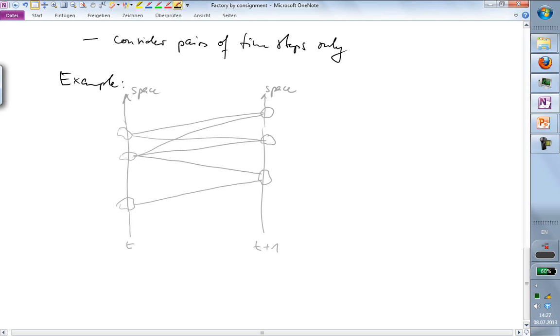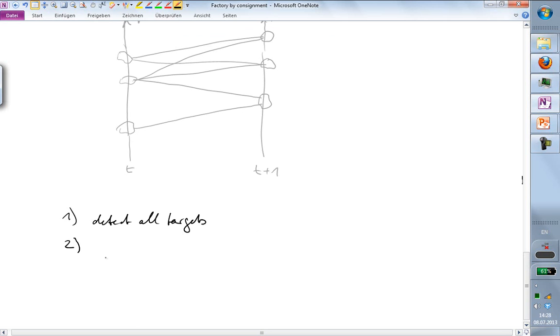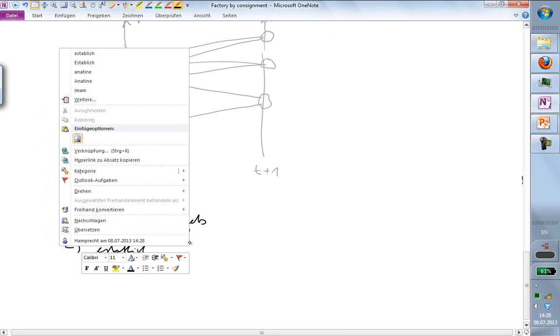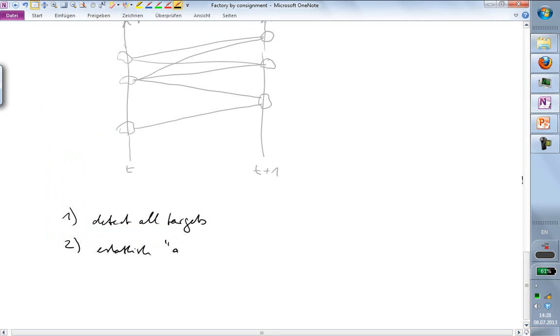So this was my step number one. Well, first I had detected all targets. And secondly, I have established all possible associations.